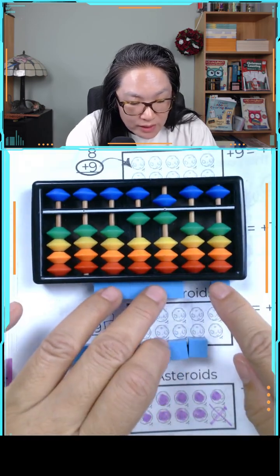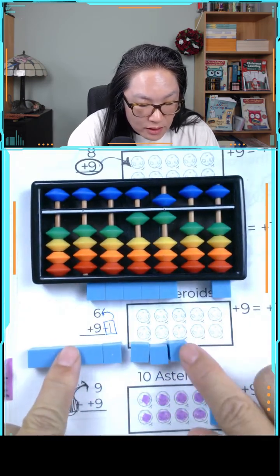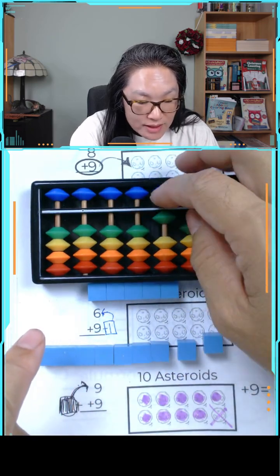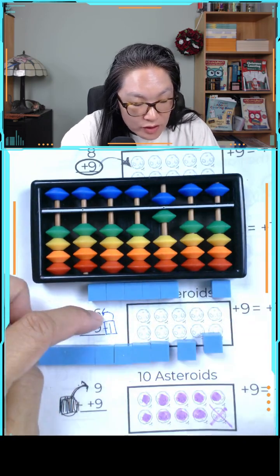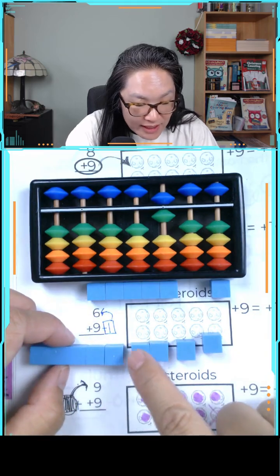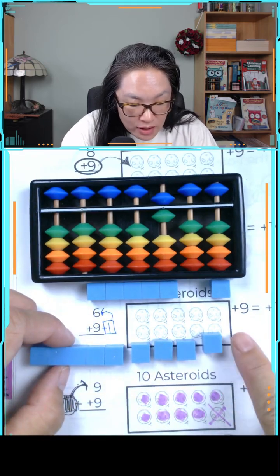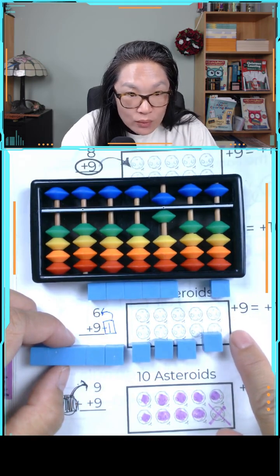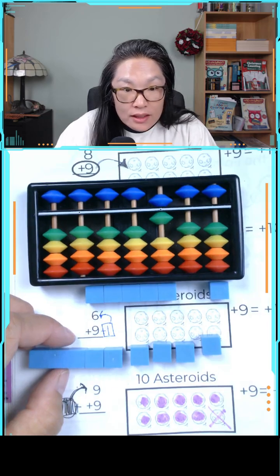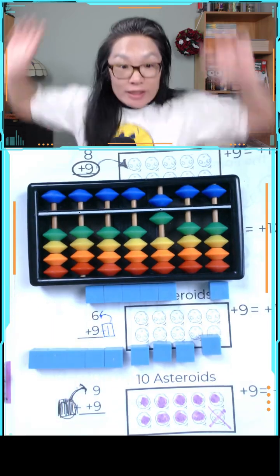I'm going to understand how to make a 10. Always you have to use the top bead. Where do you get the 1 from? If I have 9 here, I want to make 10. To make a 10, I need to add 1. To add the 1, where do I get that from?